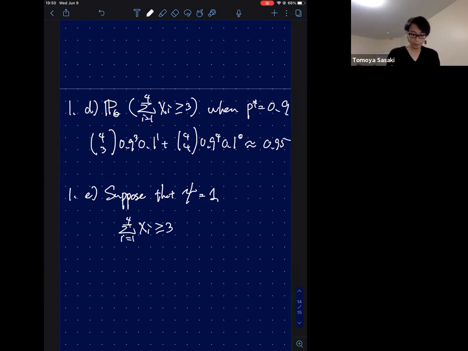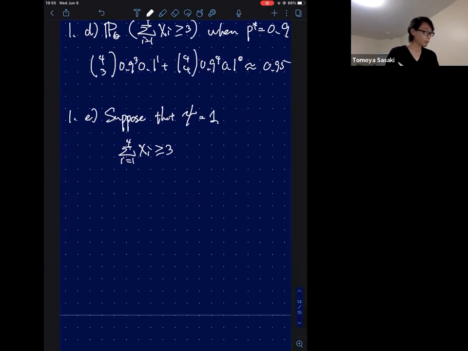And this is what this question is telling you. And then we're going to ask, what is the probability that P star is 0.9 under H0?